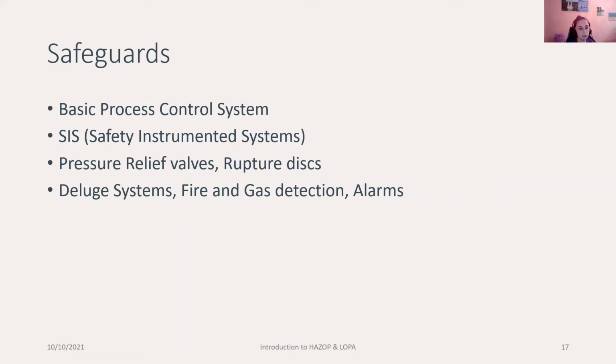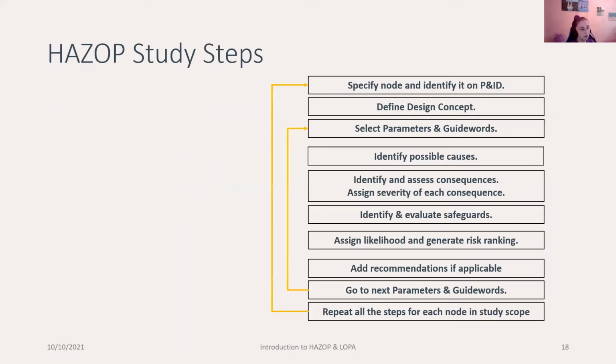All of them will prevent this deviation from occurring. You need to put them in and count them. After you do that, you can risk rank your possible deviation.